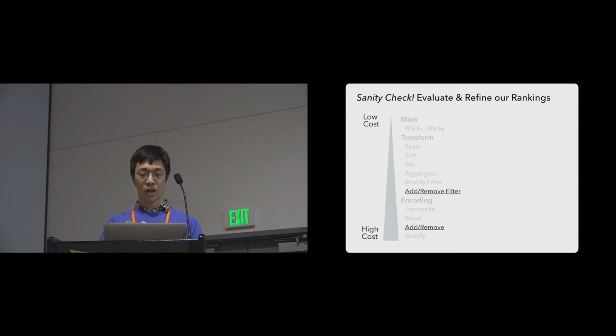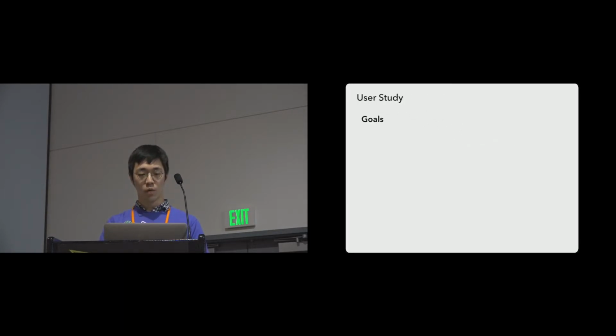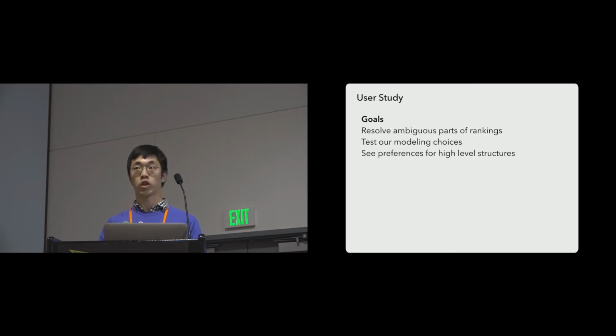To refine our ranking, we conducted a controlled experiment where we wanted to resolve the ambiguous parts of our rankings and test our modeling choices. We also wanted to see whether users exhibit preference for global structures, such as whether people like a sequence that minimizes the edit operations and prefer sequences that are grouped into repeating substructures.